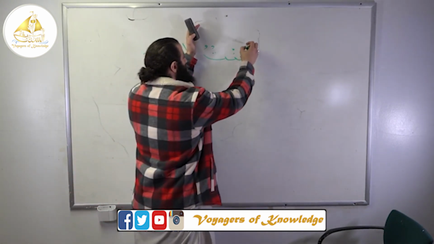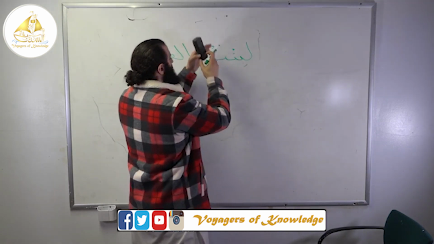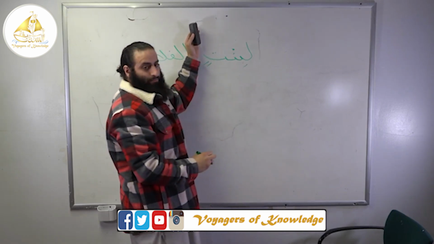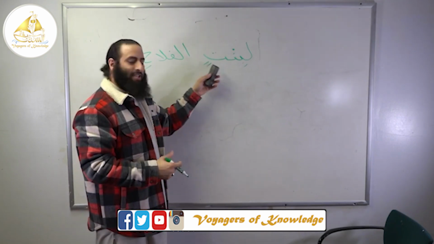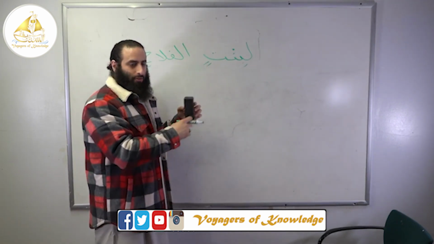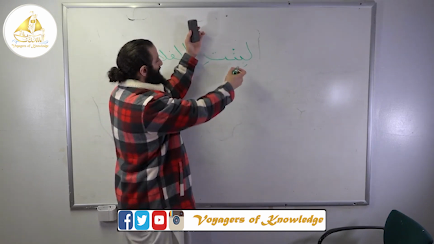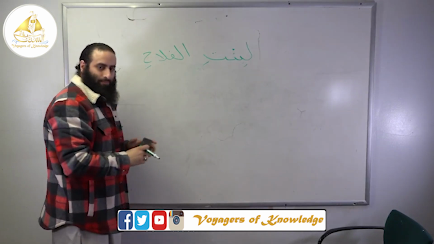If I add li to say for the daughter, li bintin. But this word has something belonging to it, or it is belonging to something. So now it's li bintil fallahi. This doesn't change. Makes sense. All right?